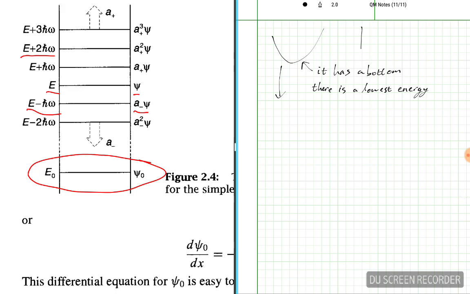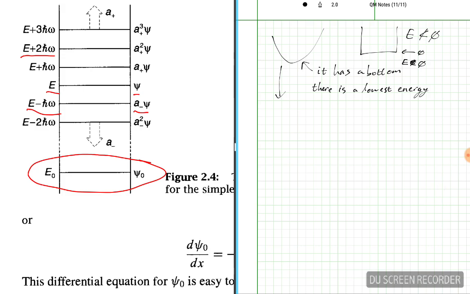We actually had this condition in our square well too. If this is 0, we can't have energy be below 0. Our energy couldn't be below 0, because that would not be inside our energy well.